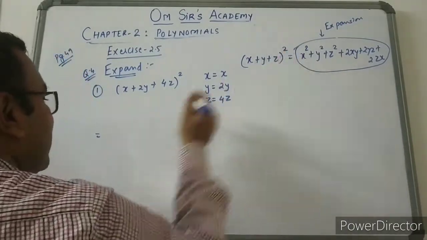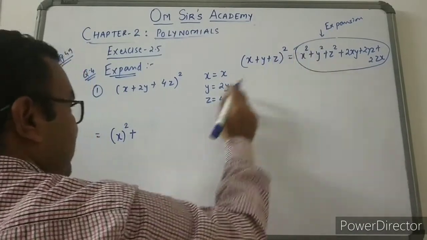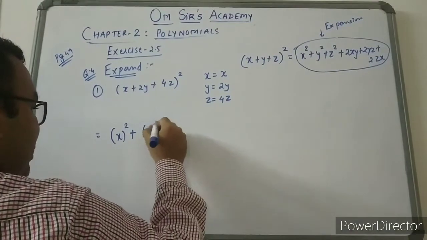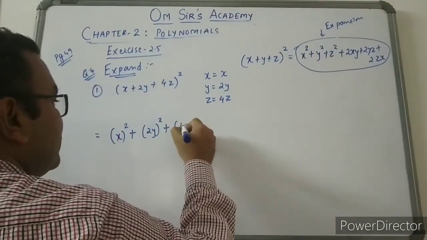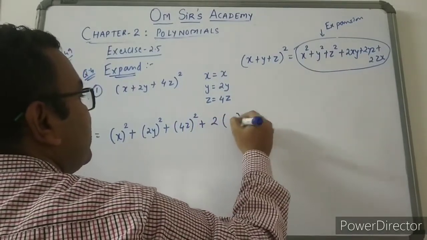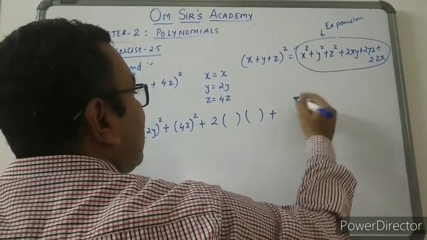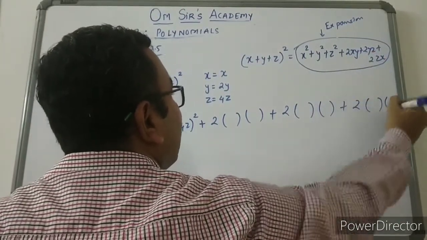So x square will be x the whole square, plus, in place of y square, what will I write? 2y the whole square, plus, in place of z square, what will I write? 4z the whole square, plus 2xy, so 2 into brackets, plus 2yz, so 2 into brackets, plus 2zx, so 2 into brackets.